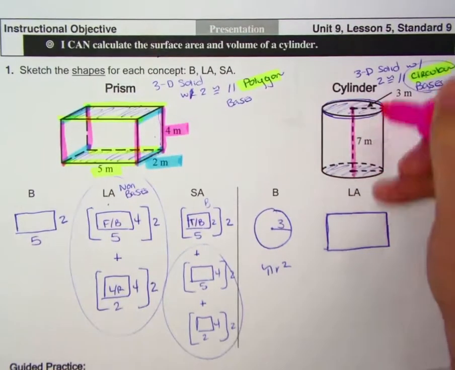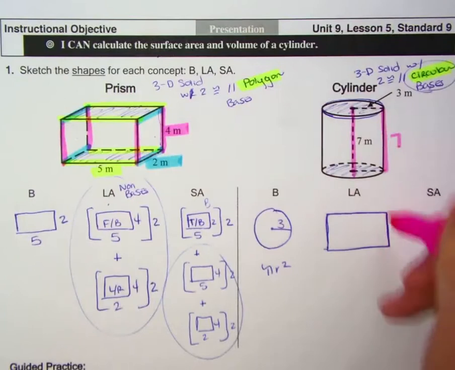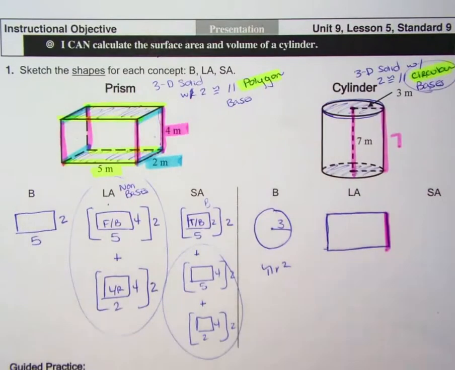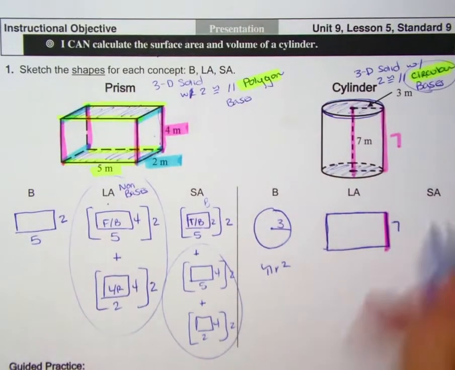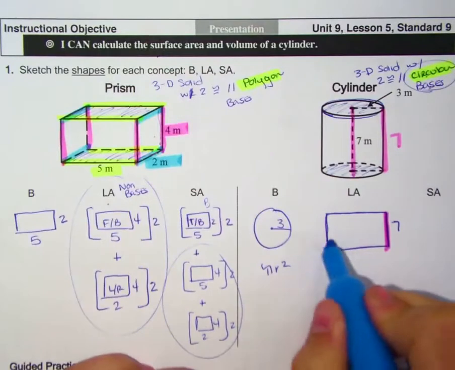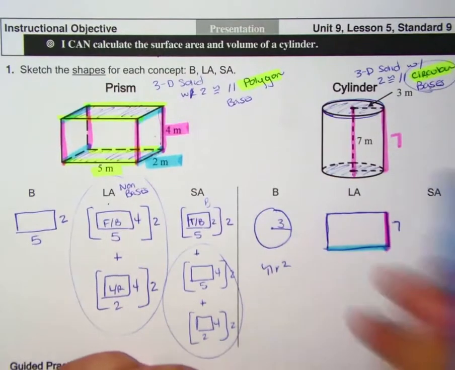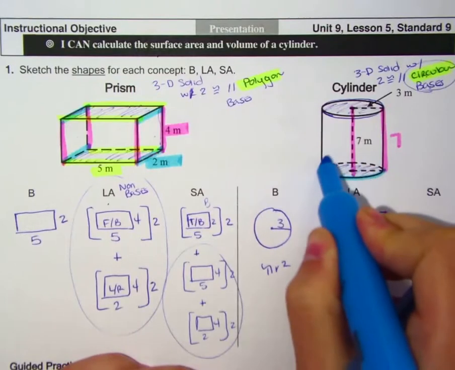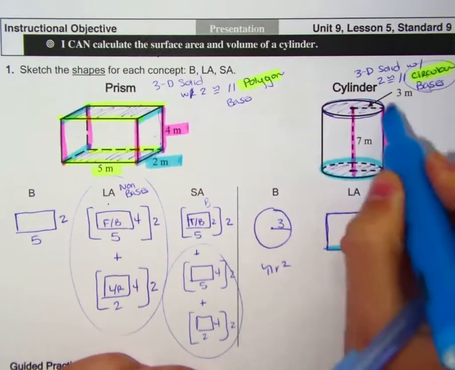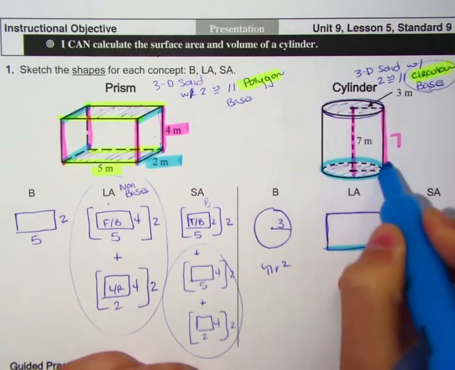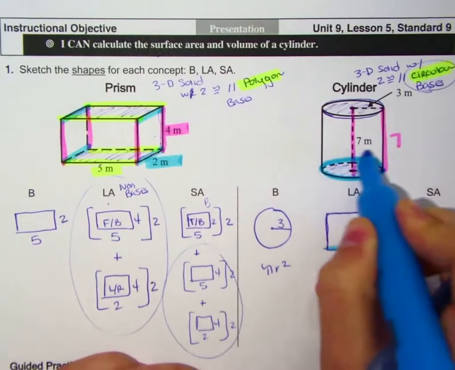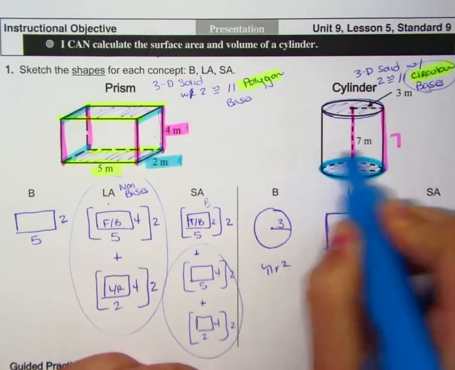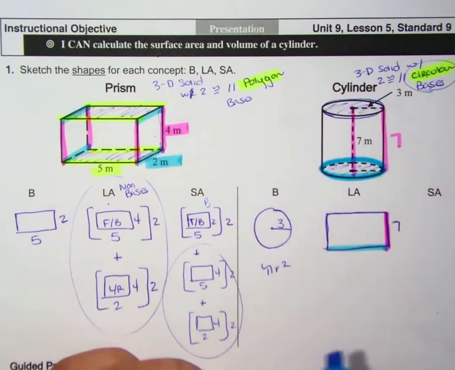where the height of it is 7, but the question is, what is the length of this? Well, this would wrap around the base. If we were to cut along this line and unwrap it, it would be as long as how far it is around the base.